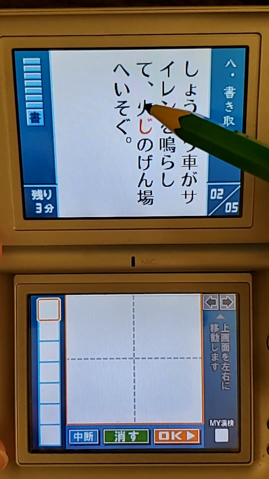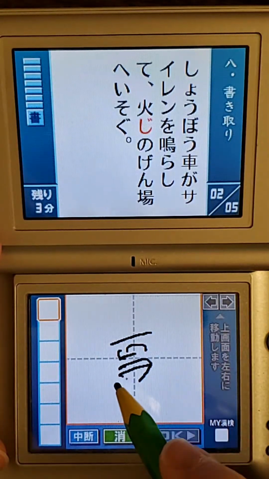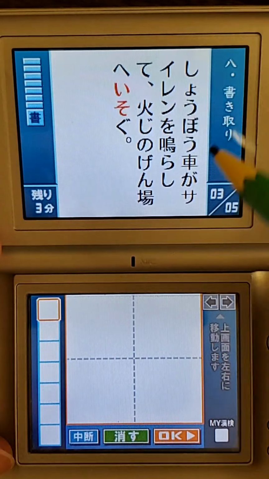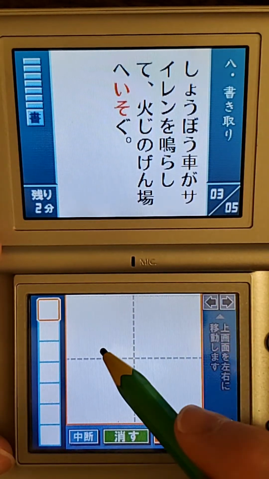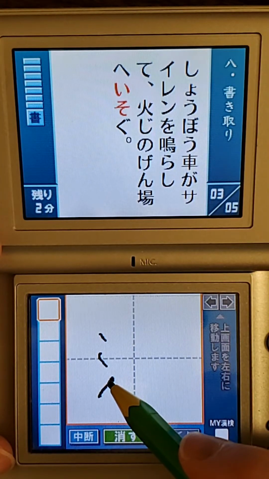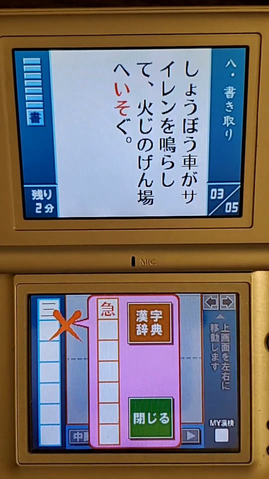So fire and then koto, I believe. Yep, perfect. Iso to hurry up. So I don't remember what isogu is. Oh, freaking duh. I know that one. Okay, put it in my kanken.